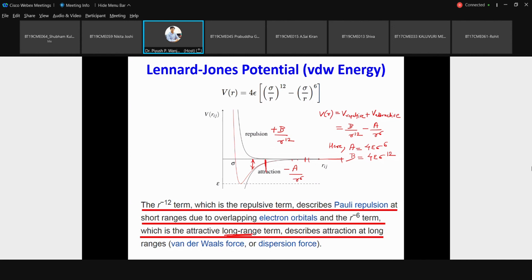This doesn't flatten out very quickly. It takes time. So they are talking about this long range thing. If you go into the details of London dispersion forces, you will understand what happens. Okay, sir.